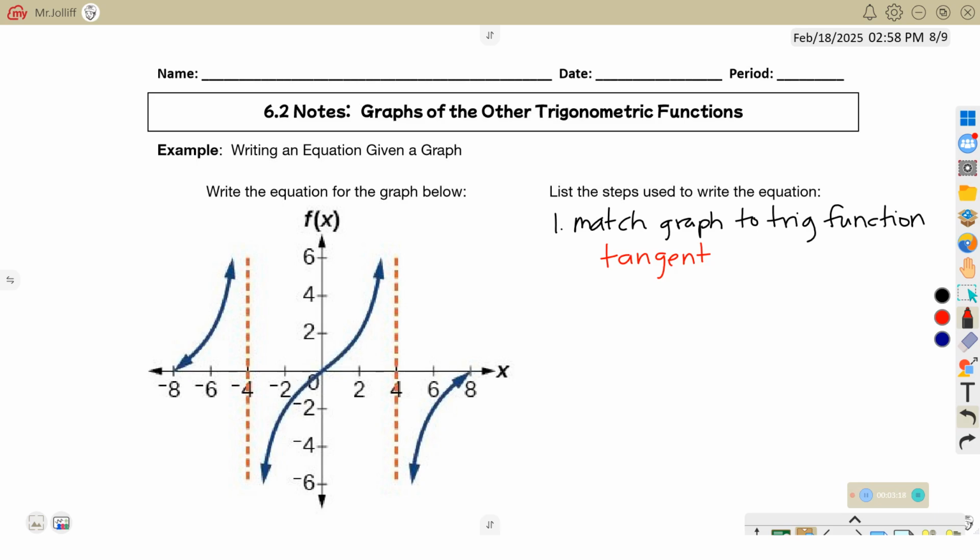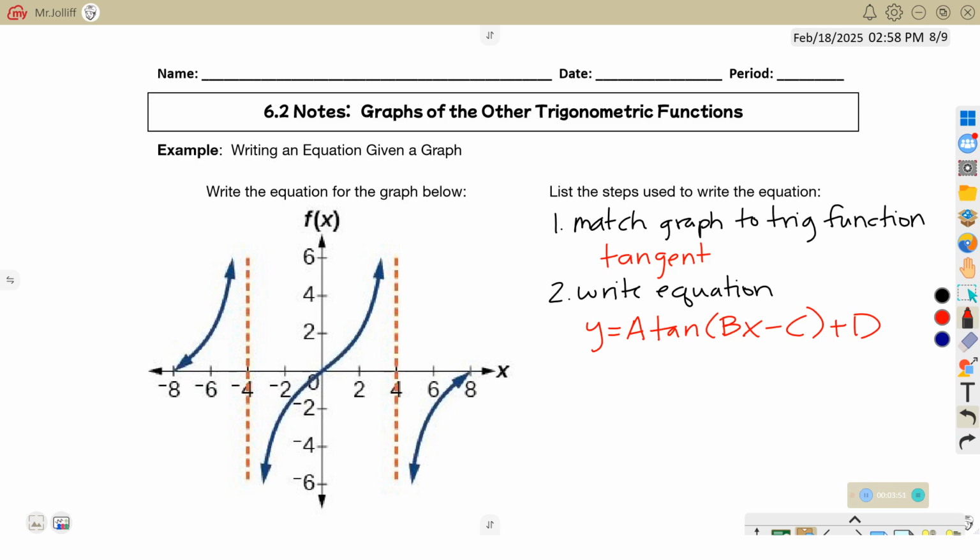The next thing I'm going to do is write the equation out. So for tangent, y equals a tan bx minus c plus d. That's a shifted tangent function. Tan x is the parent. A tan bx minus c plus d is the shifted.